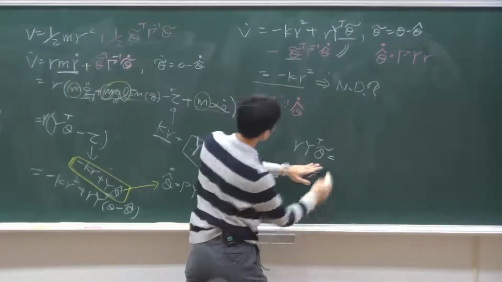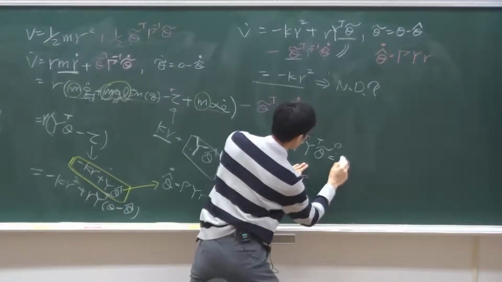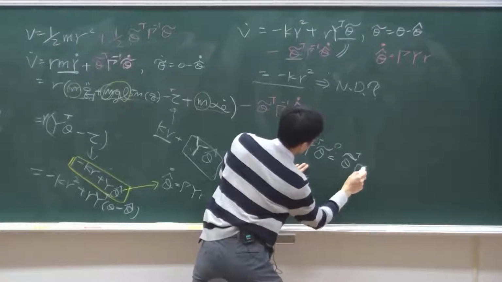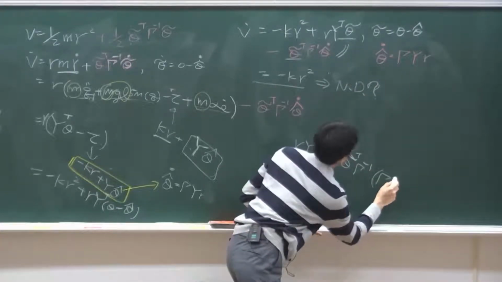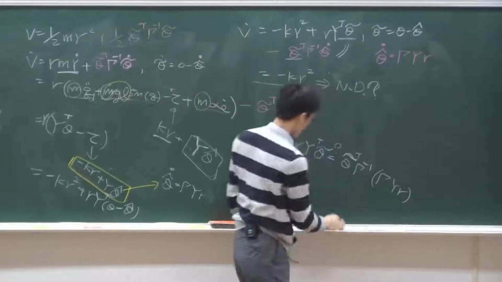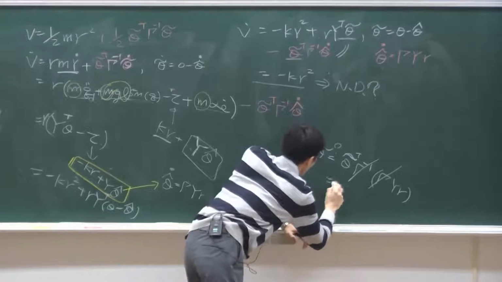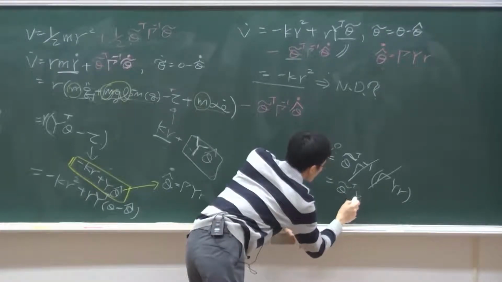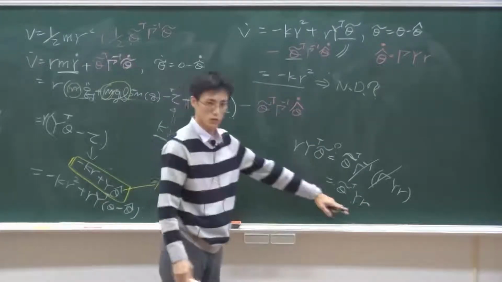Were it equal to theta tilde gamma minus 1 and this, right? Okay, and this cancels out. So that gives you... are they equal? Is this equal to this?